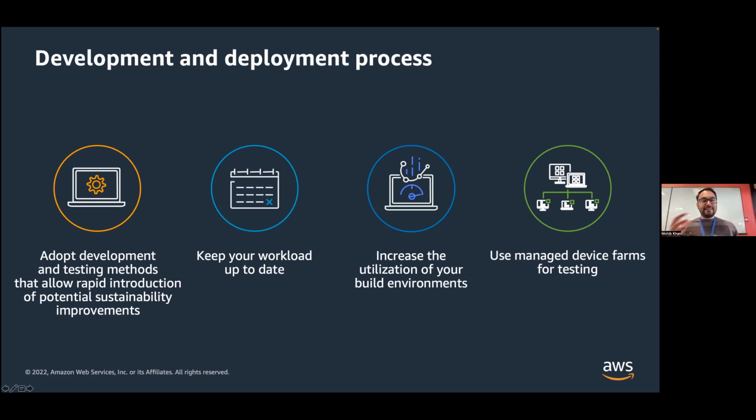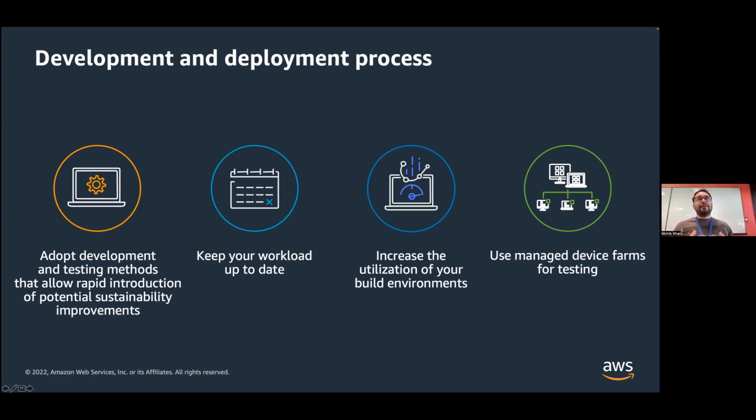So these are the testing methods that you can use, and these are ways of potentially improving the sustainability of your workload. The third thing is increasing the utilization of your build environments. This is what I was referring to.